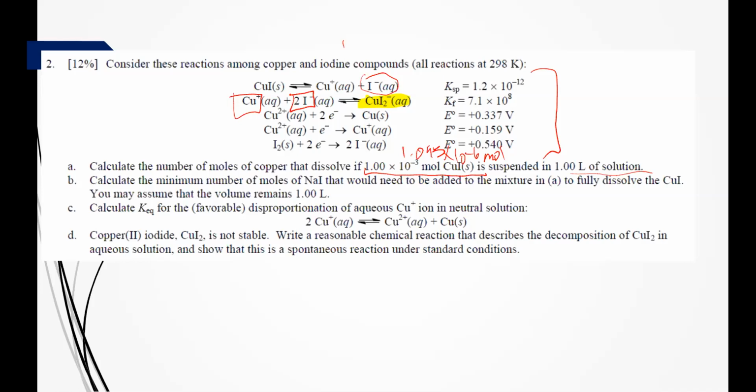So is this where you'd have to multiply the KFs? This is where our KF and our KSP kind of have to come together, right? So we get this new equation, which is our CuI solid plus our I minus, in equilibrium with our CuI2 minus.